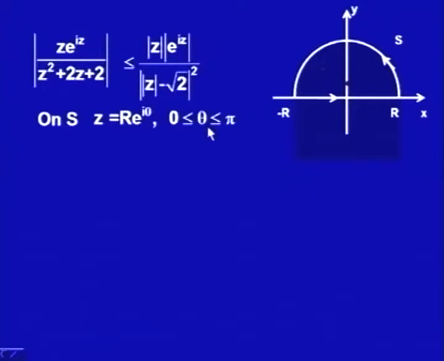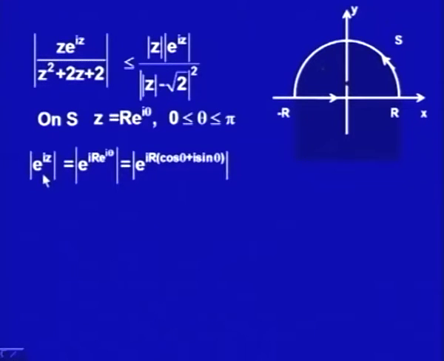Now, we want this bound on this semicircle only. So, let us see on the semicircle what happens to my function. e to the power i z on this semicircle, if I try to find its bound, z I am replacing as r e to the power i theta.